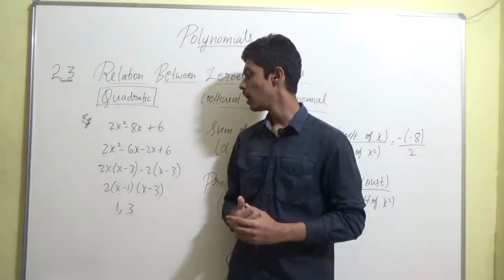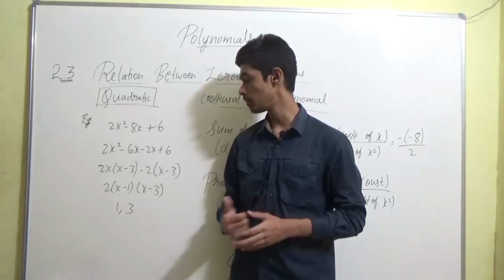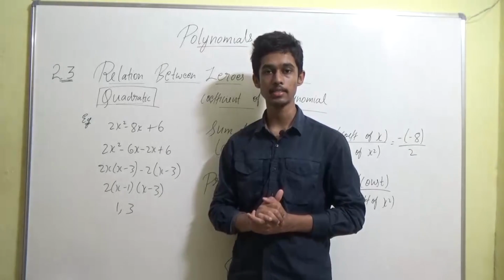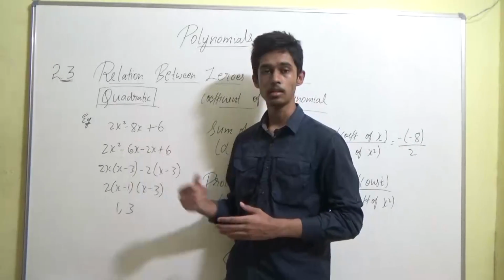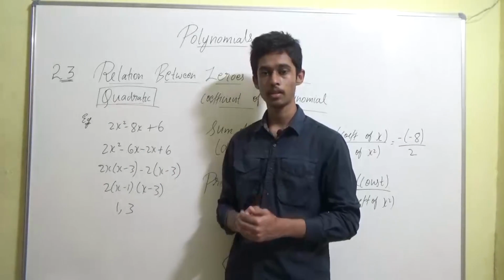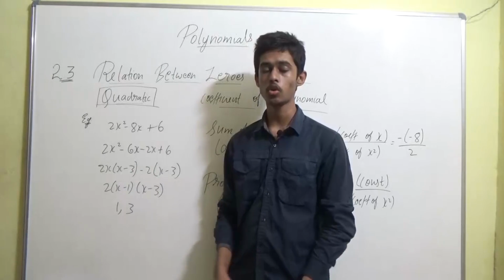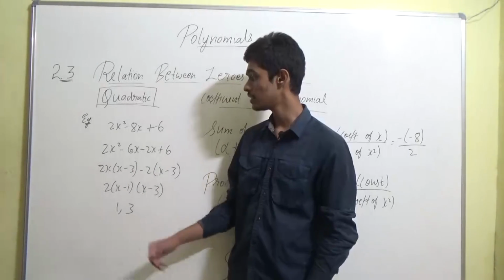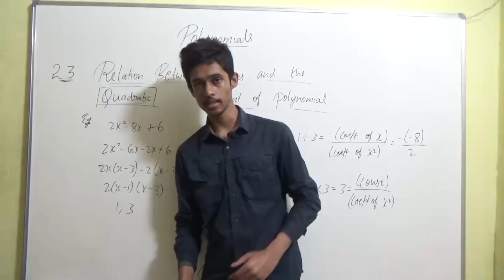Now if you know how to solve this and find the zeros of this quadratic polynomial, which you have learnt in your earlier classes, that is in class 9, by splitting the middle term, you are going to solve this equation. After solving this equation, you will get that the zeros of this polynomial are 1 and 3. So the zeros of this polynomial are 1 and 3.